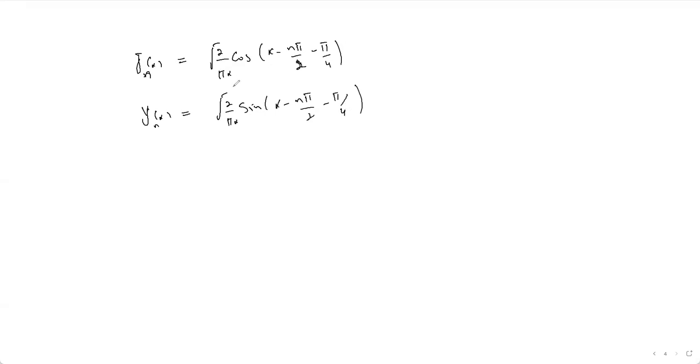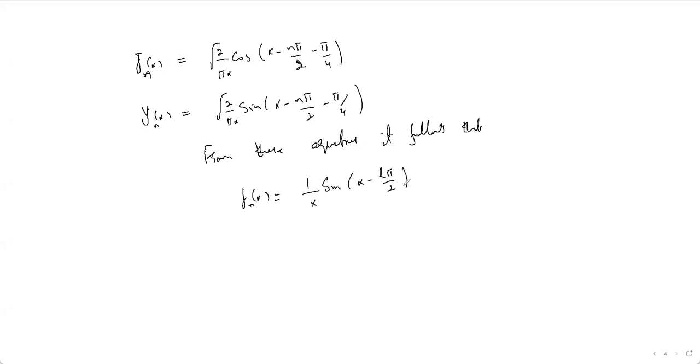Now use these equations, it will follow that this jn of x is always given by 1 by x sine of x minus l pi by 2.